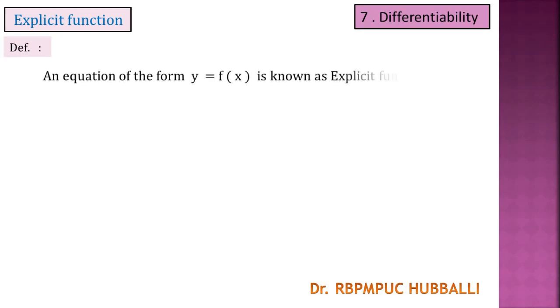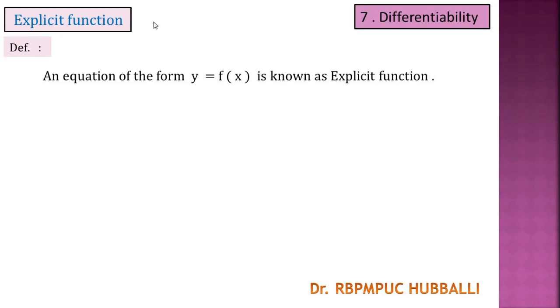Next is explicit function. It is defined as an equation of the form y is equal to f of x. Up to here, whatever problems we solved, all these are explicit functions.